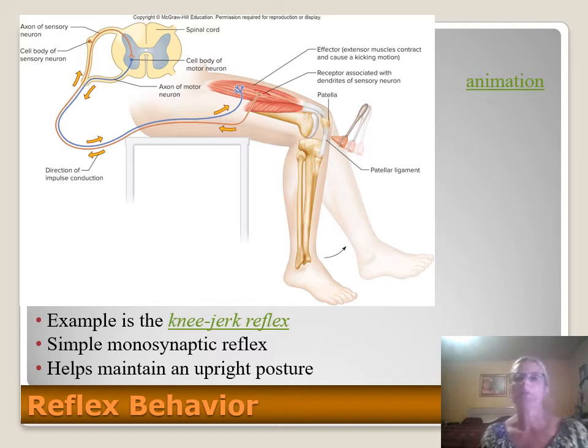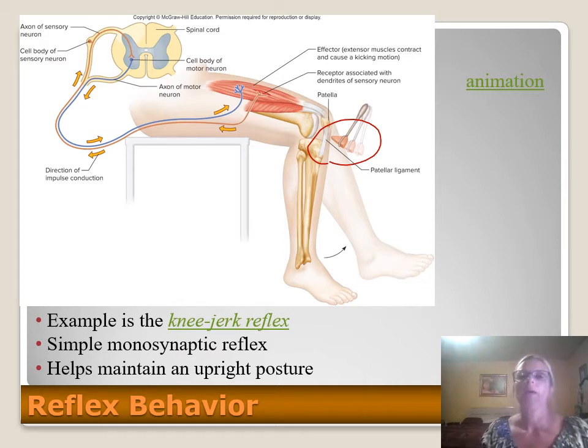So you hit that patellar ligament right here. When he takes that little hammer and hits that patellar ligament, a sensory neuron is going to pick up that sensation and communicate that all the way up here to the spinal cord, and then it's going to send a message back through the motor neuron.